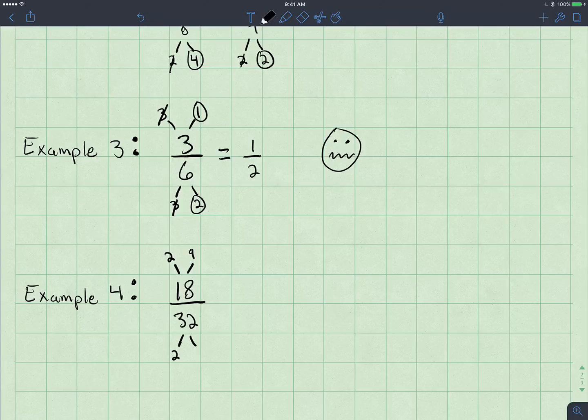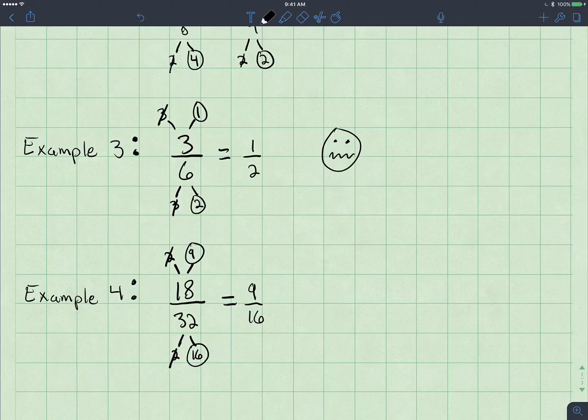I know some of y'all are screaming through the video, but 2 times 16 would give us 32. So what is our least equivalent fraction? Since we have a 2 at the top and a 2 at the bottom, our least equivalent fraction would have to be 9/16.